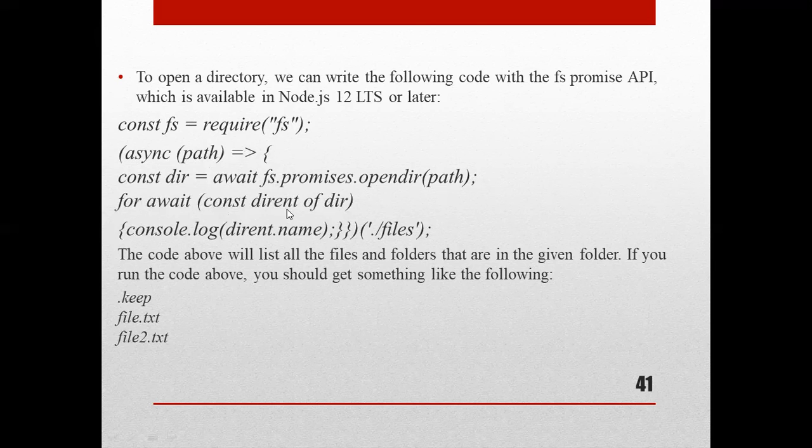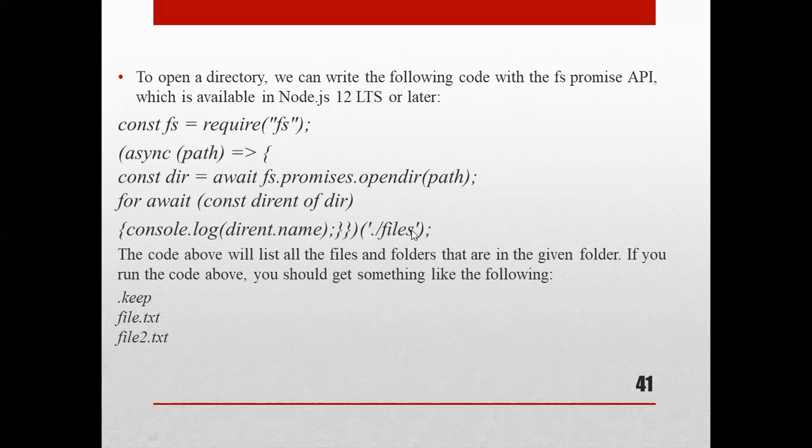That means the sub elements of that directory. So what are we going to print here? console.log(dirent.name), the names of the files inside that directory. That means we are going to open this directory, and what does the path consist of?